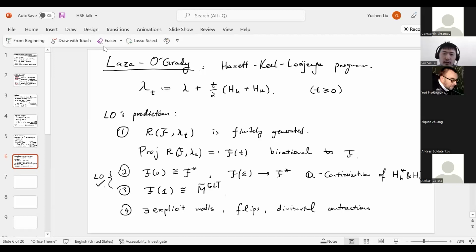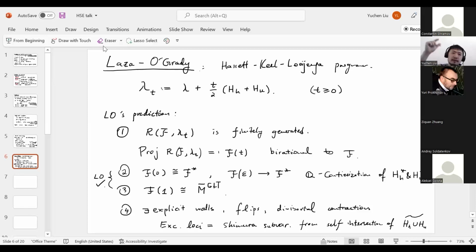And moreover, the exceptional loci will be some particular Shimura subvarieties coming from the self-intersection of HH union HU, but then you want to look at, so here I take a tilde, meaning that you want to look at the hyperplane arrangement in the period domain.